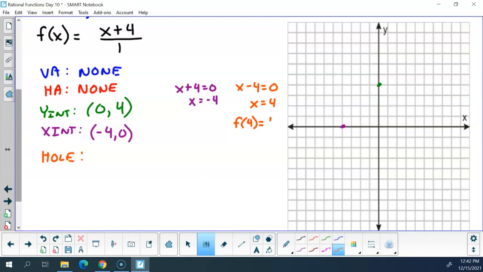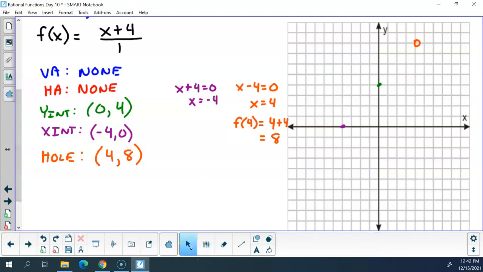My new function was x plus 4, so that just gives me 4 plus 4, which is 8. So the hole is 4, comma 8.